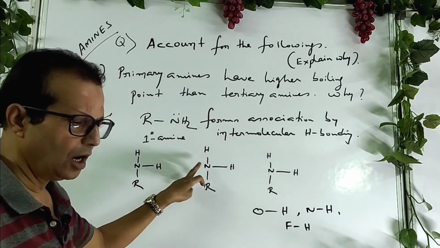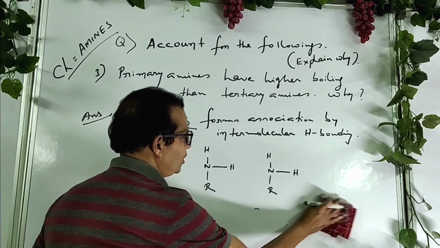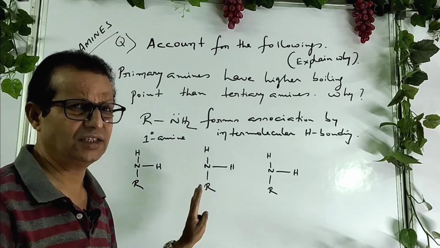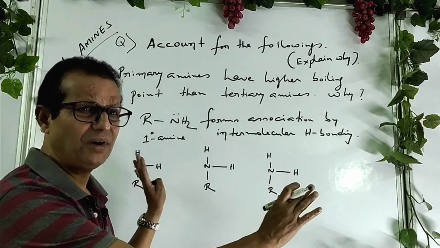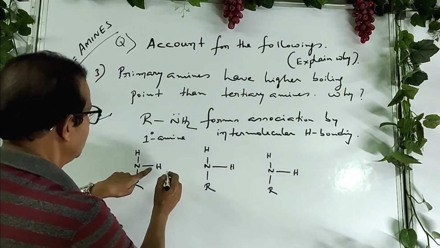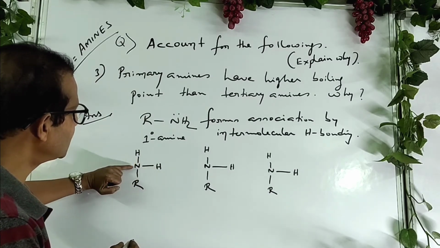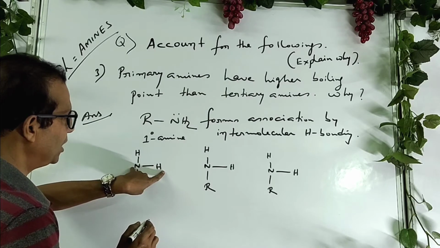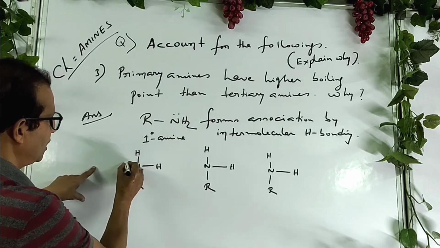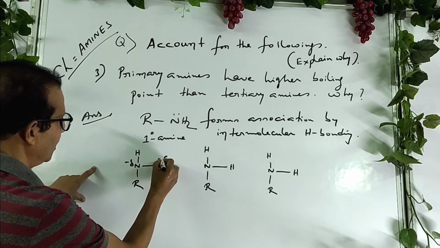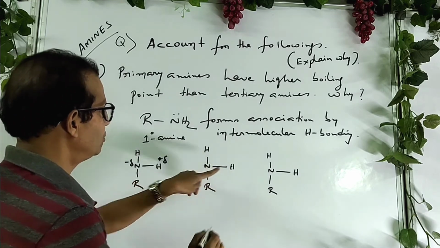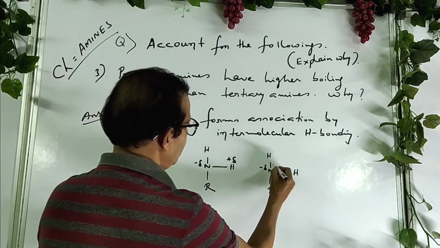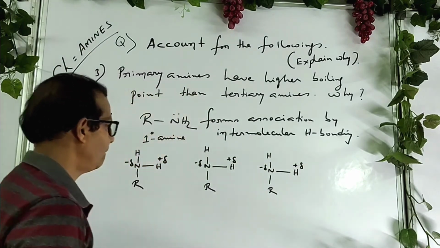You can draw the hydrogen bonding in primary amine. Not necessary, but you can draw if you are confident. Listen, as nitrogen is more electronegative than hydrogen, there is partial distribution of charge, that is minus and plus. Here also minus and plus. Here also minus and plus.